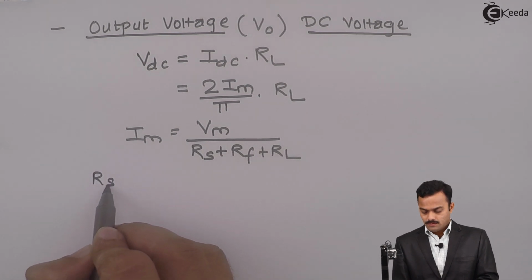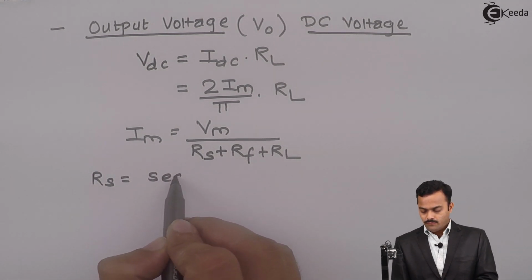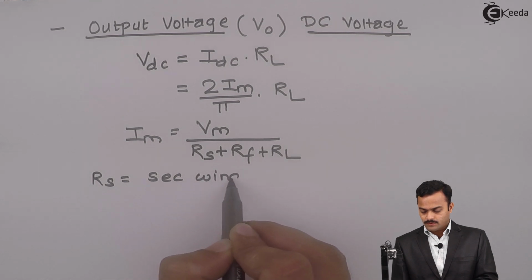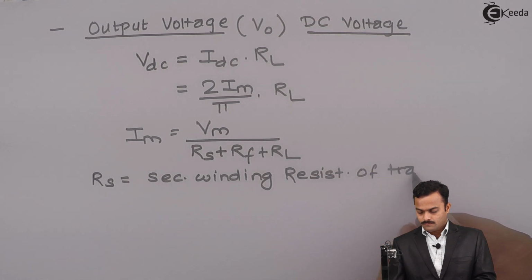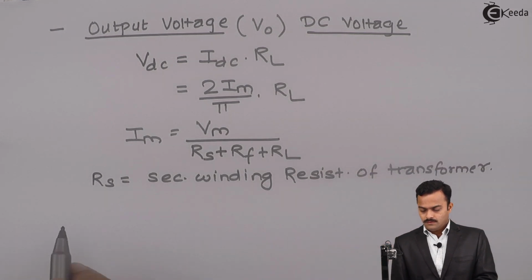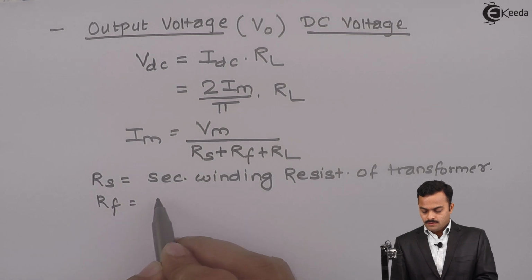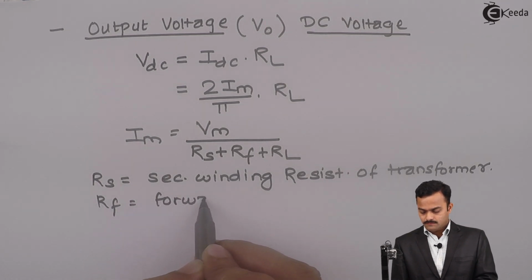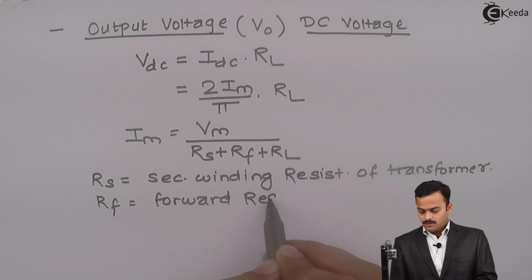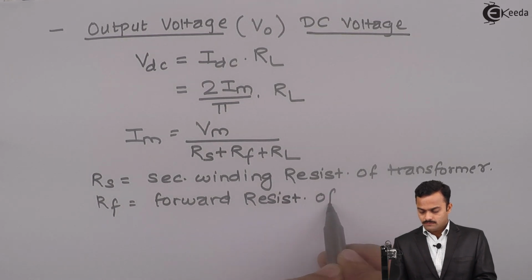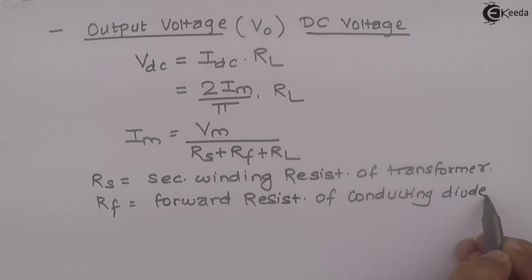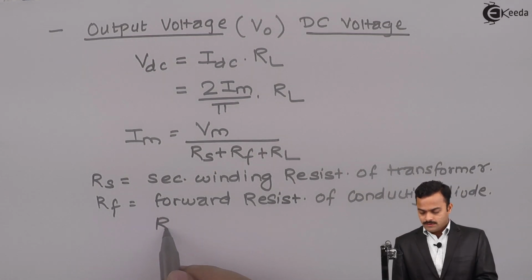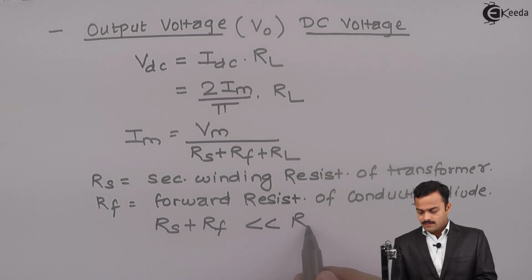What is Rs? It is the secondary winding resistance of a transformer. What is Rf? It is a forward resistance of conducting diode, and load resistance is RL. Normally this Rs and Rf are very less than RL.